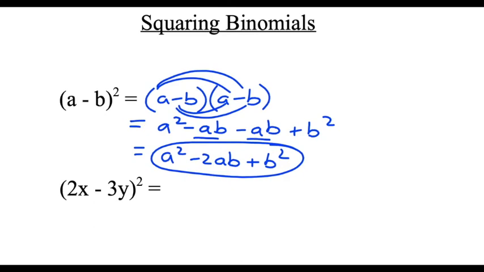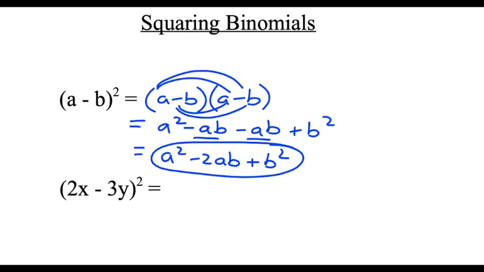I have to know that this is going to result in a trinomial. The first term of the trinomial is the square of this first term. The middle term is just the product of these two doubled. Why doubled? Because in the FOIL process, you get the same thing twice, right? And then the last term is from this guy being squared.